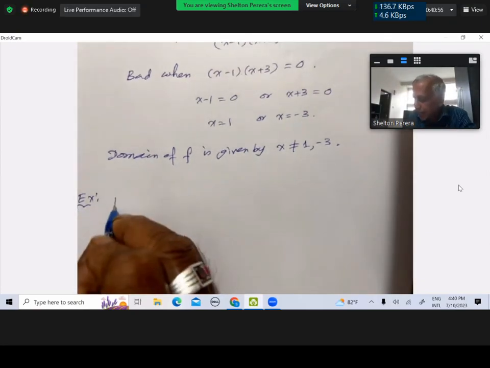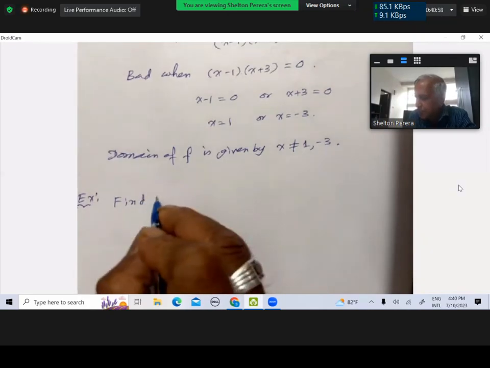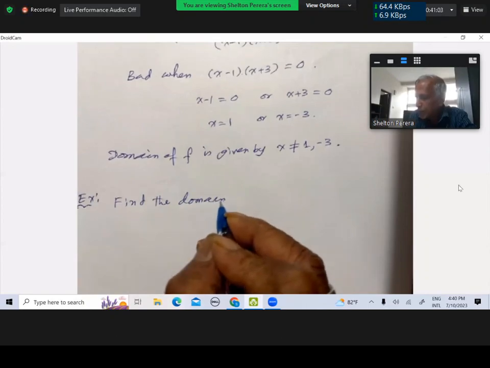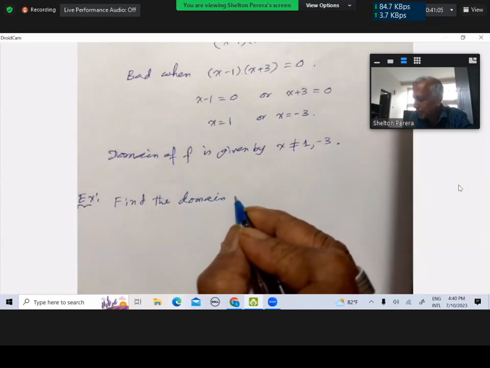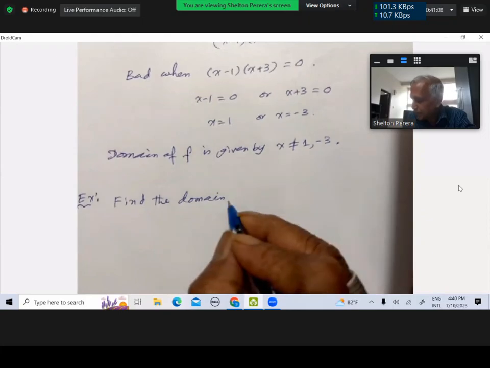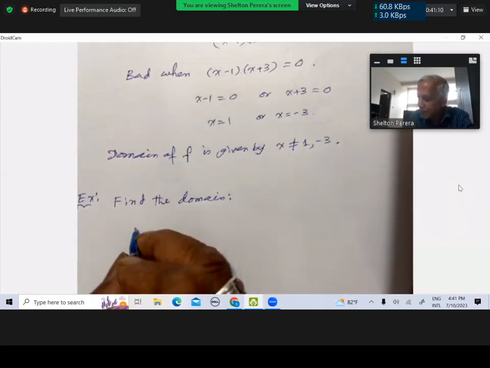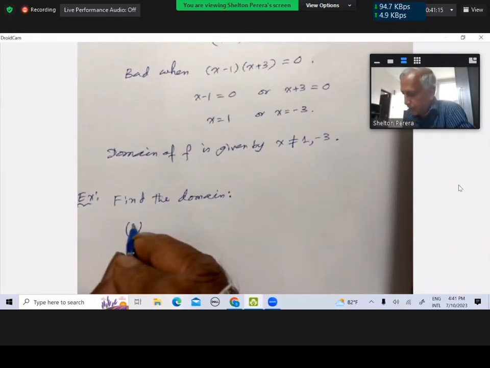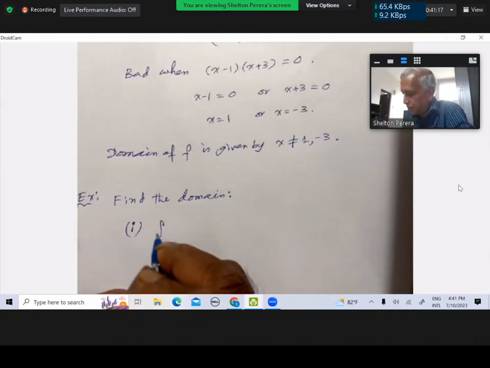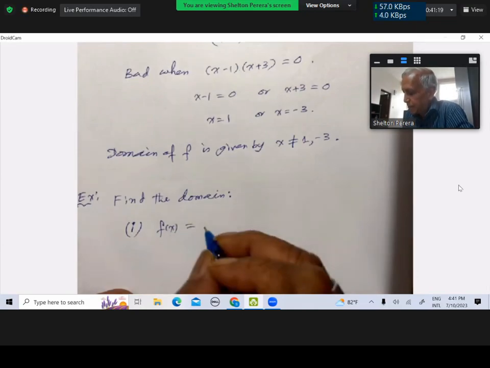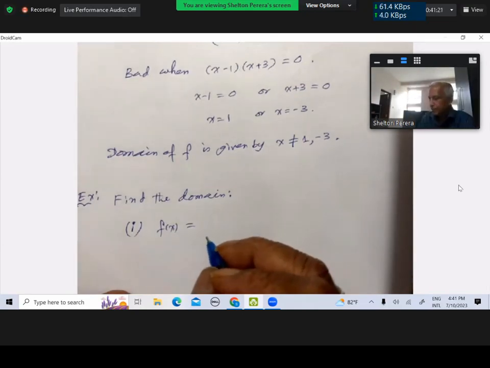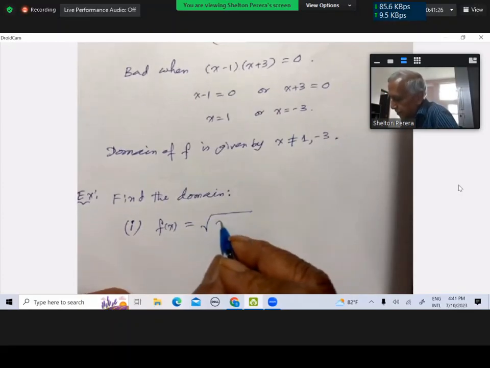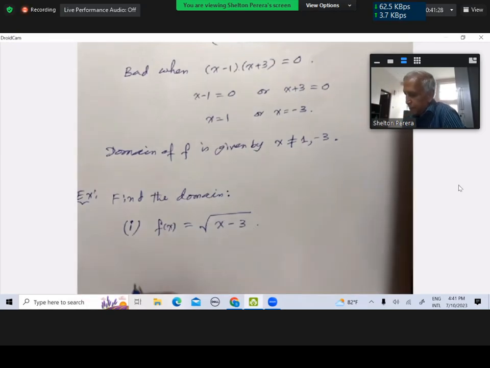Now, last example, find the domain of the function given by f of x equals square root of x minus 3.